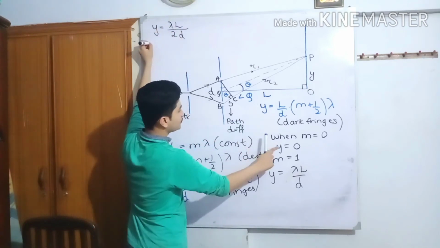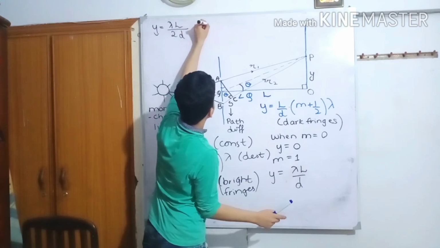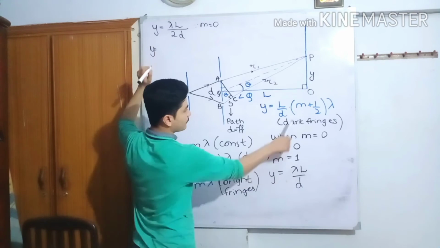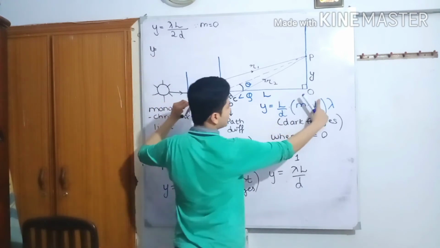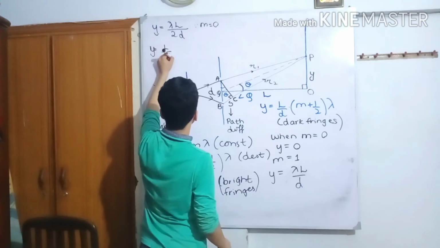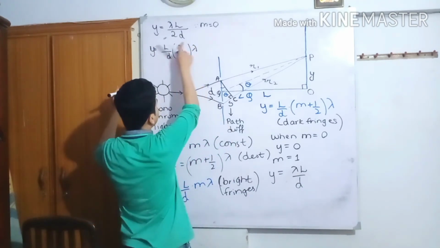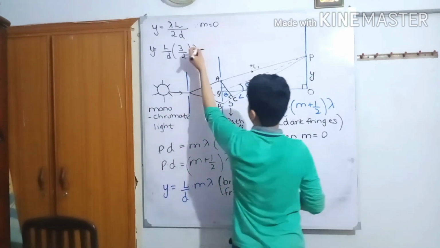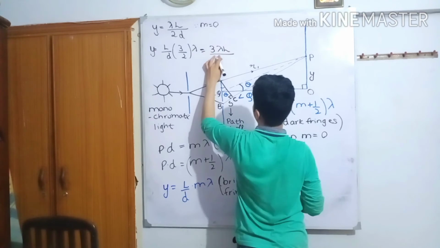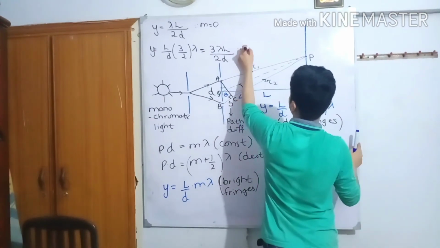When m equals 1, if you put 1 instead of m, then 1 plus half is 3 by 2. So L over D into 3 by 2 lambda, which is 3 lambda L divided by 2D. So this is when m equals 1.